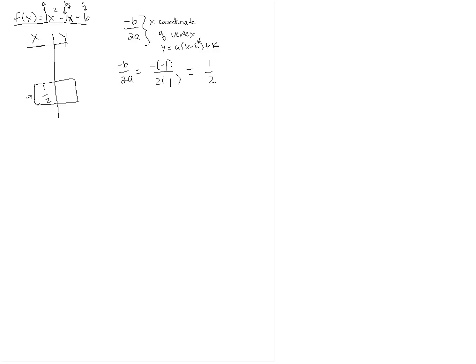How do I find the y-coordinate? I'll plug it in. So looking at y equals x squared minus x minus 6, I plug in 1/2. So I get 1/4 minus 1/2 minus 6/1. The easiest way to do this is to find a common denominator, which in this case is 4.